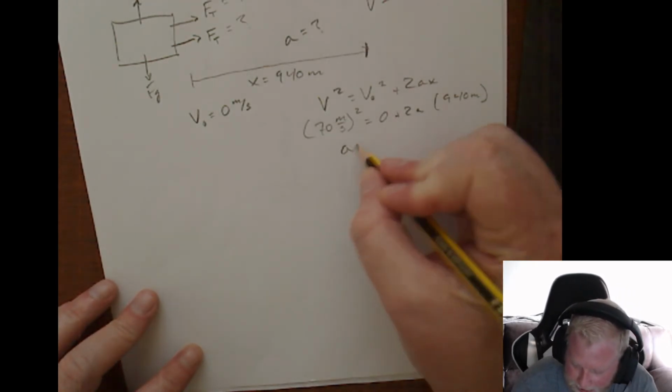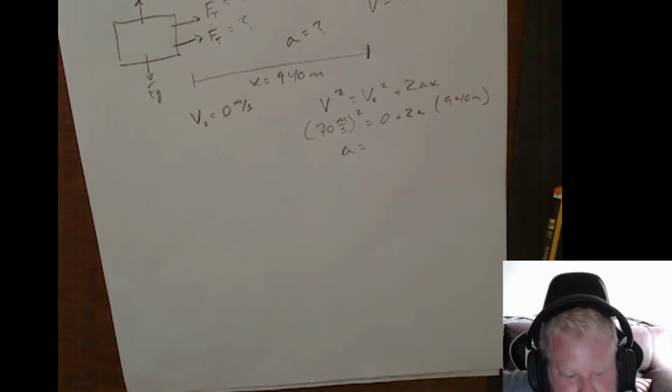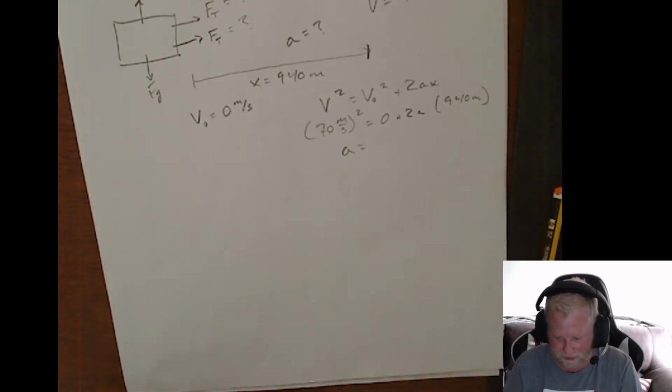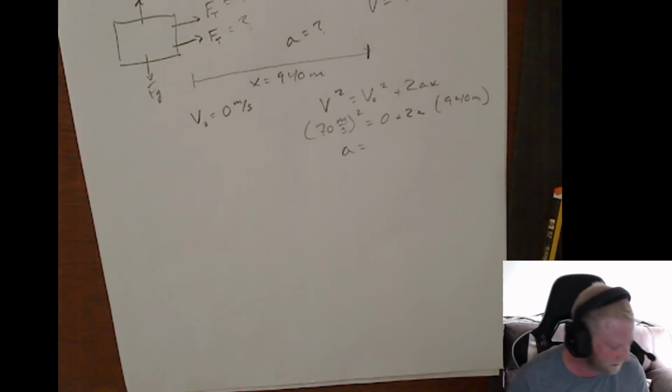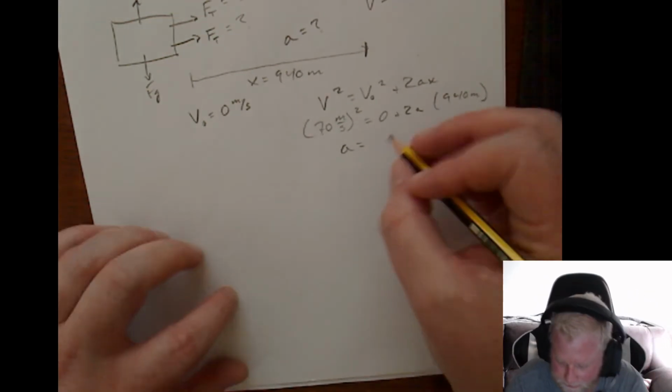Solving that out, 70 squared divided by 2 divided by 940, we get an acceleration of 2.61 meters per second squared.